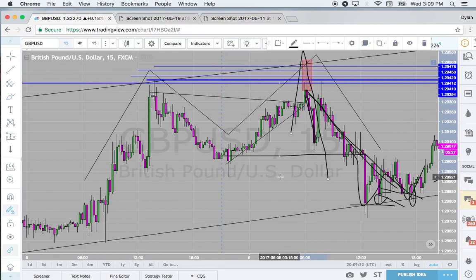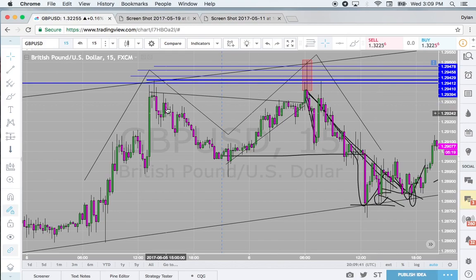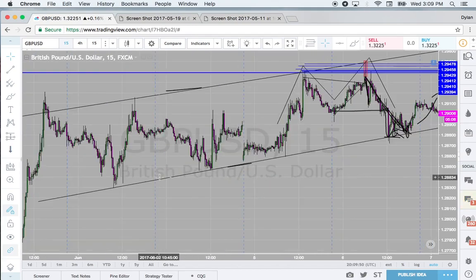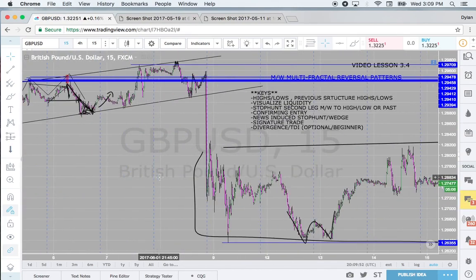I would say about 7 or 8 times out of 10, a news event will spike to the high or the low of the day or the previous day, or the high or the low of the week, the month, etc.